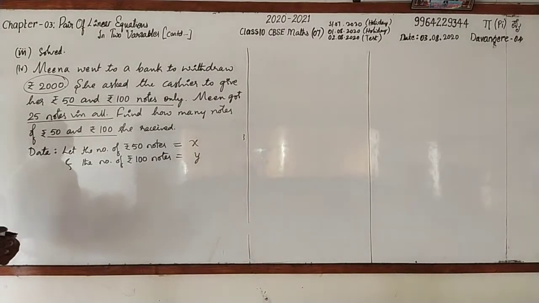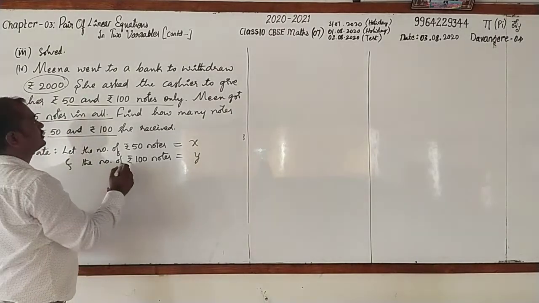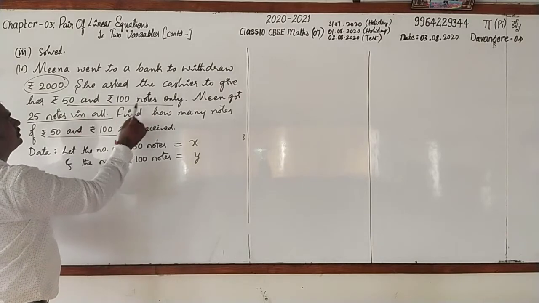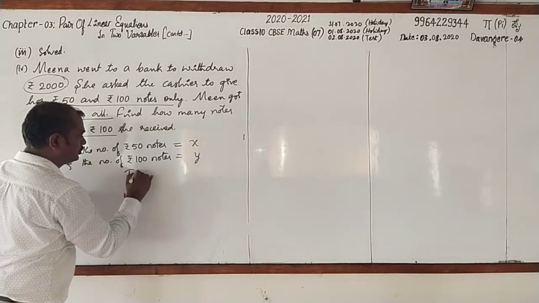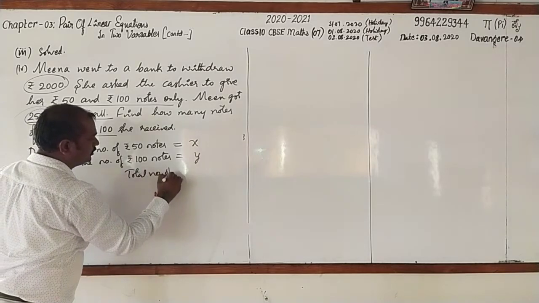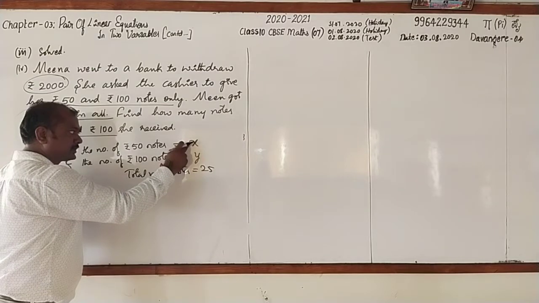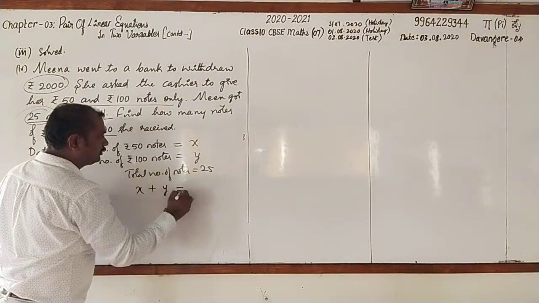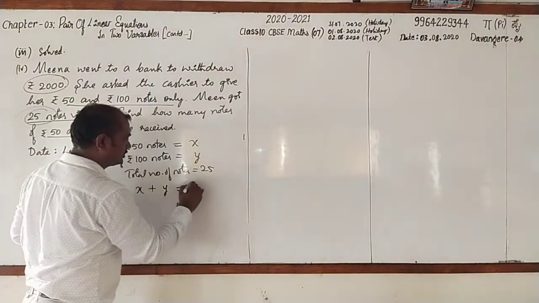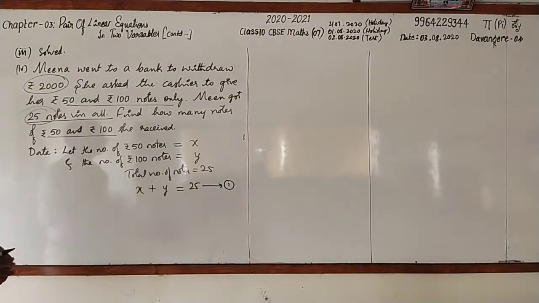Altogether, how many notes were given to Meena? 25 notes. So, the total number of notes is equal to 25. It includes x number of 50 rupee notes and y number of 100 rupee notes. x plus y is equal to 25. You may call this equation 1. Hope that you have understood.